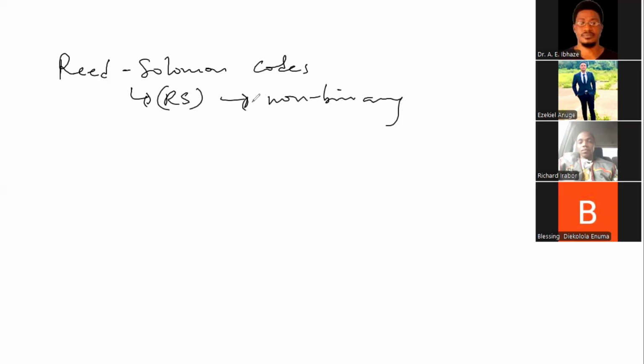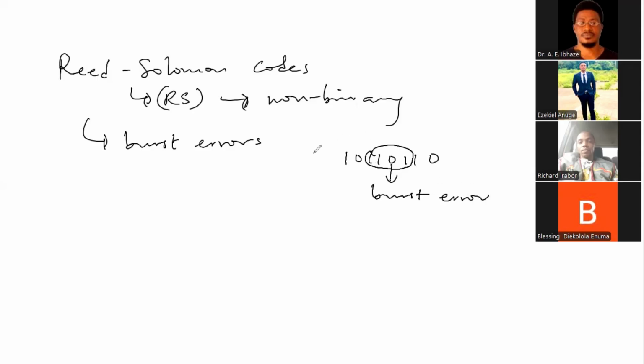And these are not just used for correcting multiple bit errors, they are used for correcting burst errors. So it means, for instance, if we have 101101110 and these consecutive bits are in error, then we say this is a burst error, right? It's different from having multiple bits in error, say this one is in error and this one is in error.